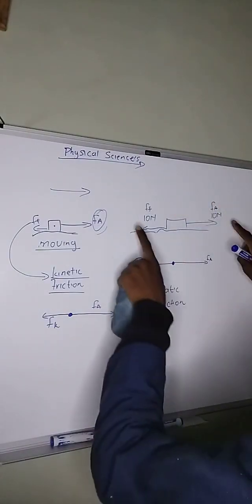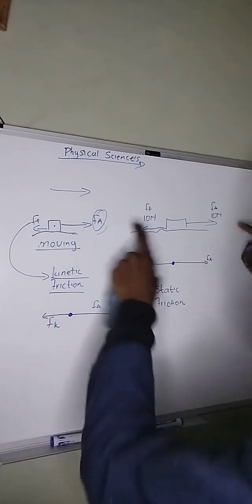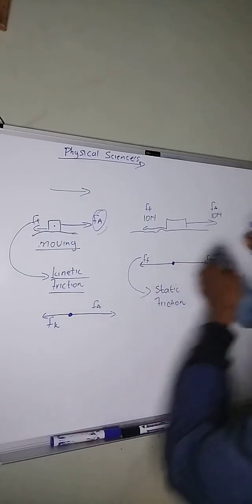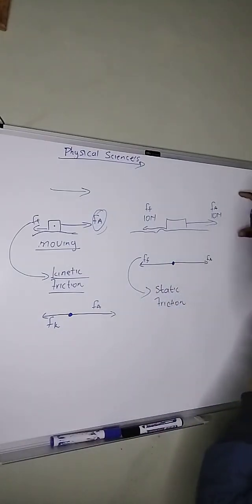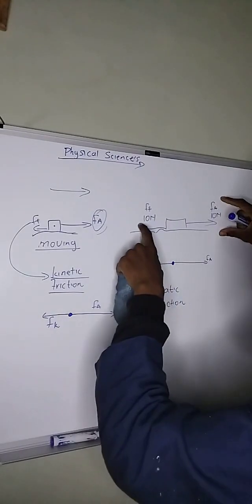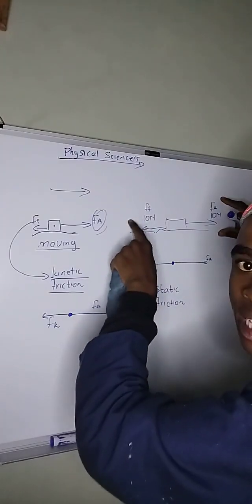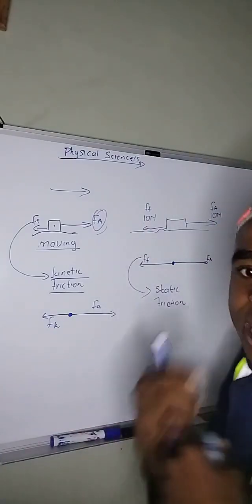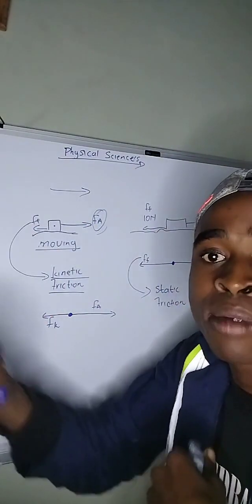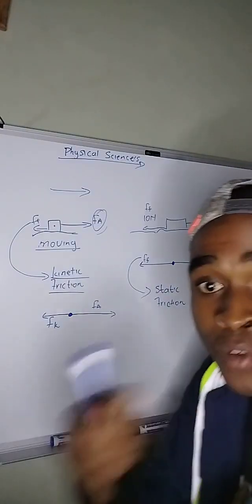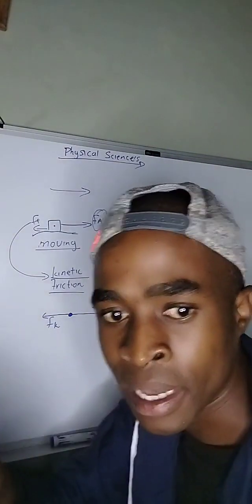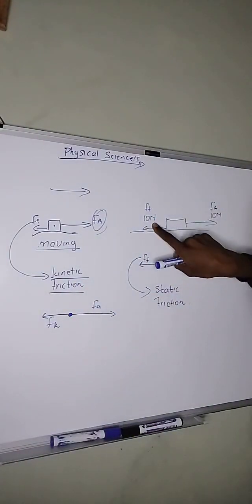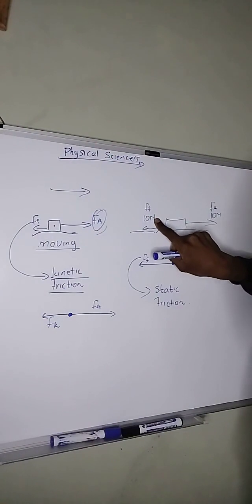Like, these two forces are balancing each other. If I have to pull this object with 10 newtons, it means I have to apply a force that is more than this 10 newtons. I have to apply a force that is more than the maximum force. And what is the maximum force that I have to overcome? The maximum force that I will have to overcome is going to be this guy.